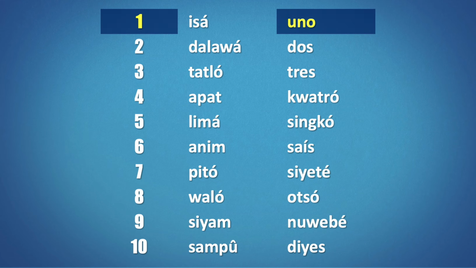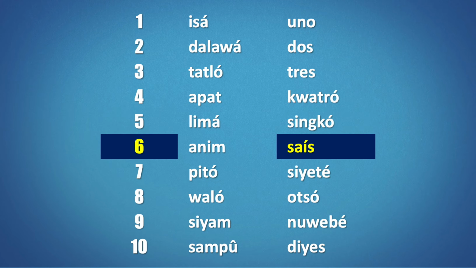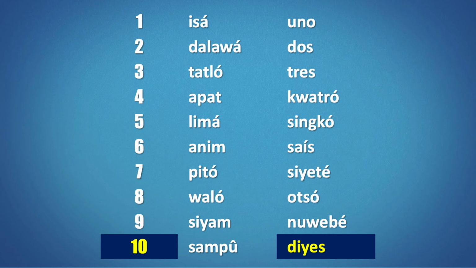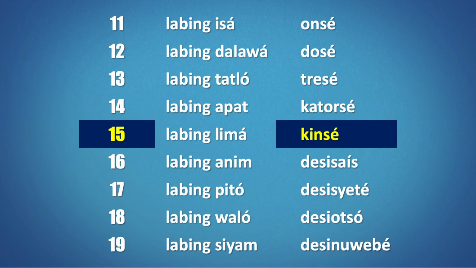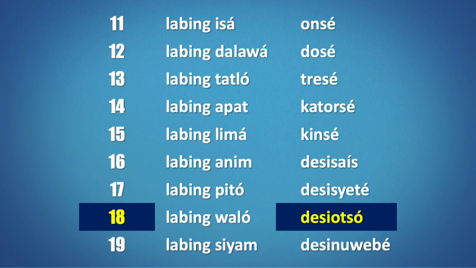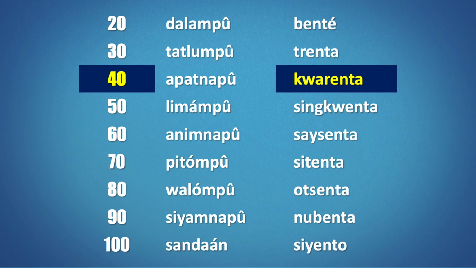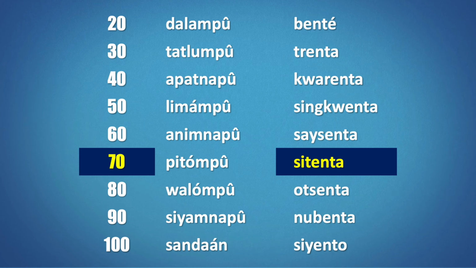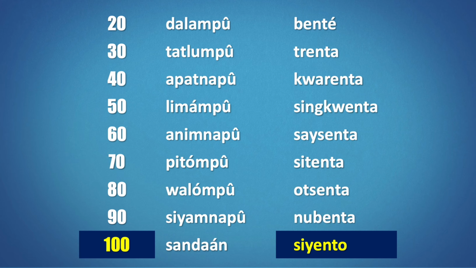Let's take a look. 1, 2, 3, 4, 5, 6, 7, 8, 9, 10, 11, 12, 13, 14, 15, 16, 17, 18, 19, 20, 30, 40, 50, 60, 70, 80, 90, 100, and so on.